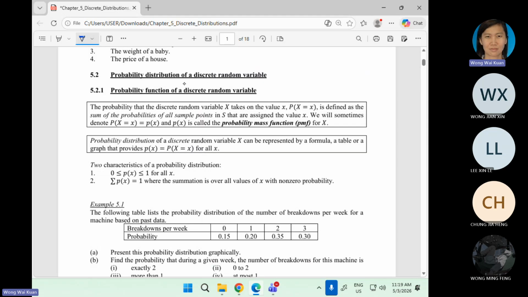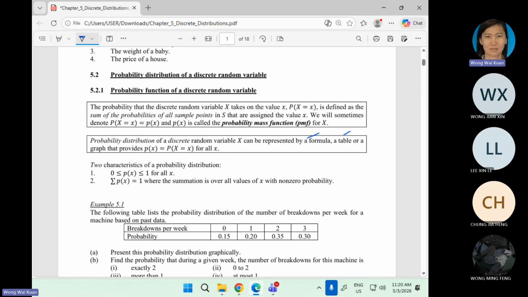When this is discrete, we can use PMF. For continuous, we call it something else, but sometimes we can also call this a PDF. Probability distribution of a discrete random variable can be represented by a formula, a table or a graph.